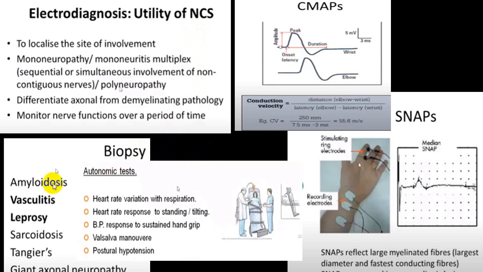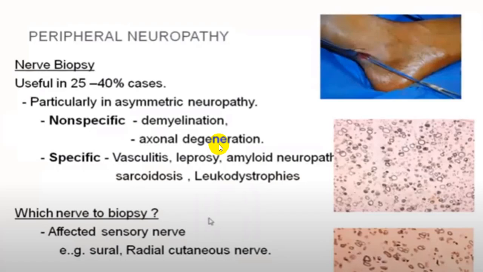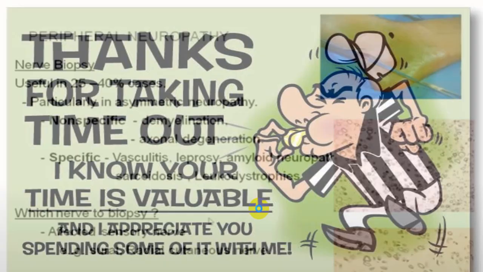Biopsy is very helpful in amyloidosis, vasculitis, leprosy, sarcoidosis, and to identify whether it is a demyelinating or axonal neuropathy. Biopsy is also helpful in certain groups like vasculitis, leprosy, amyloidosis, leukodystrophy, sarcoidosis, demyelinating or axonal degeneration, etc.